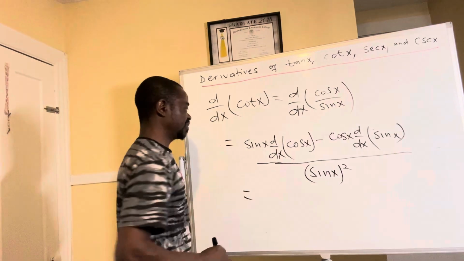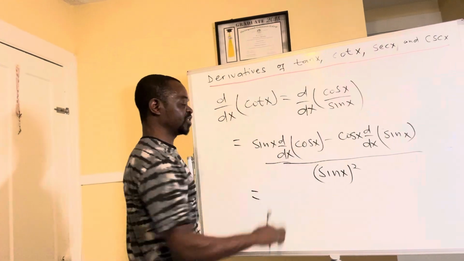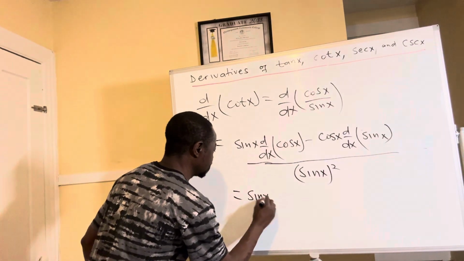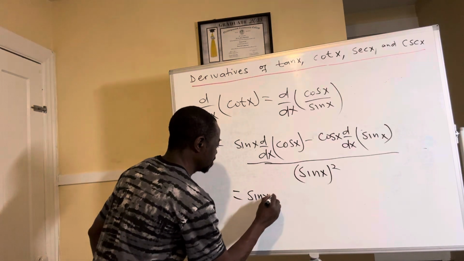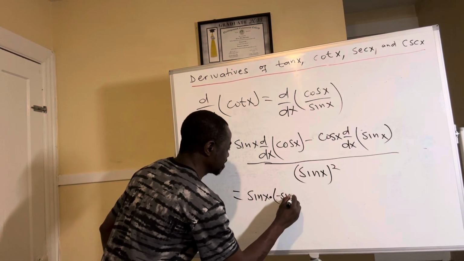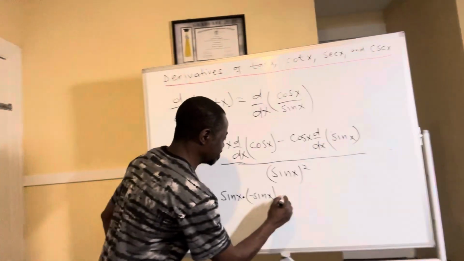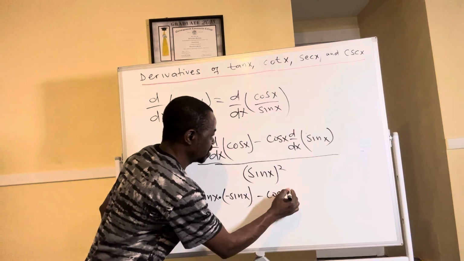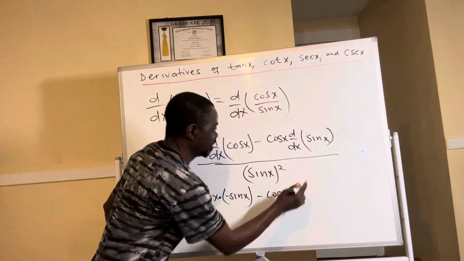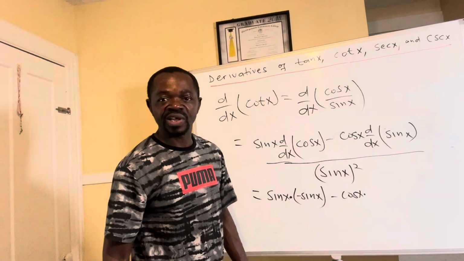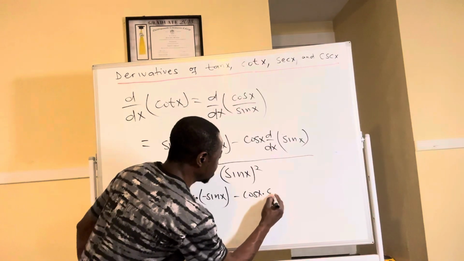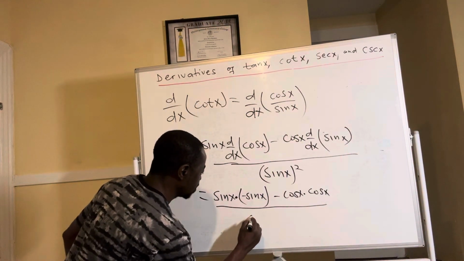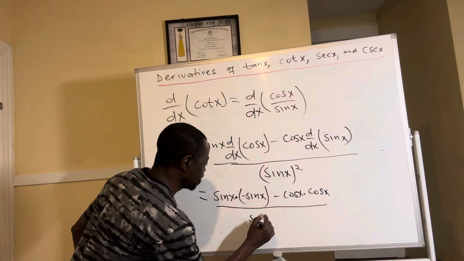So when you differentiate cos x, that gives us minus sine x. So we have sine of x times minus sine of x, and then minus cos of x times the derivative of sine of x, which is cos of x, all over sine square of x.